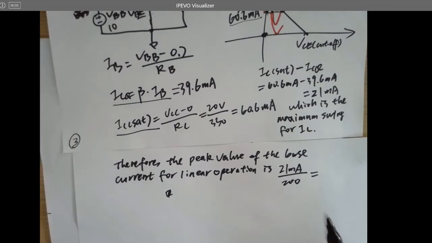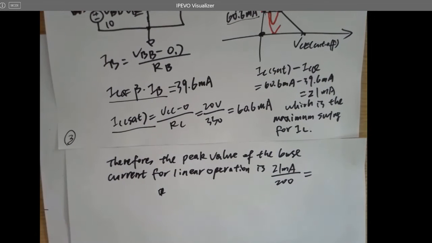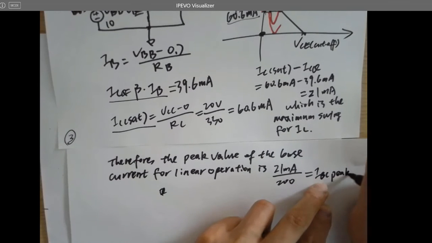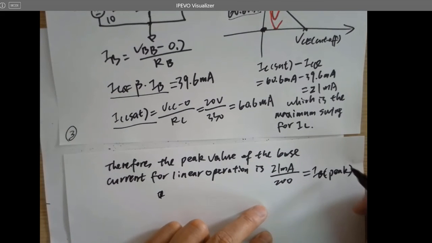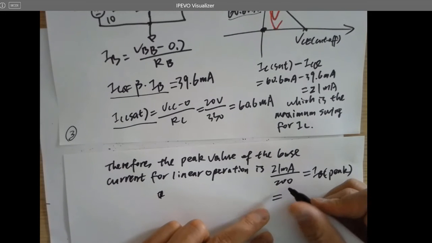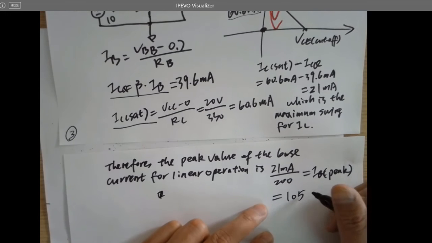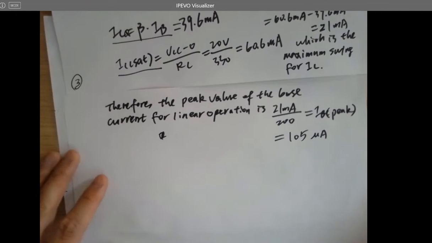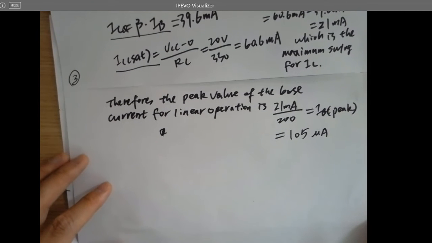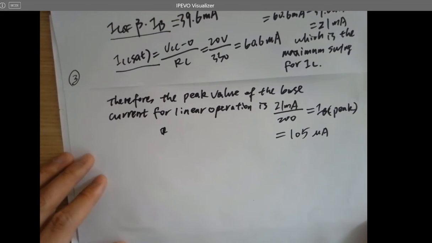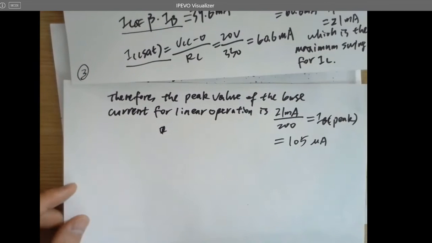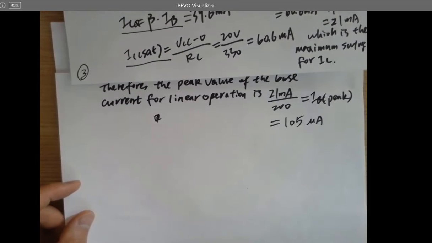So just calculate this value. That's the IB peak, which is 105 microamps. Any questions on this?